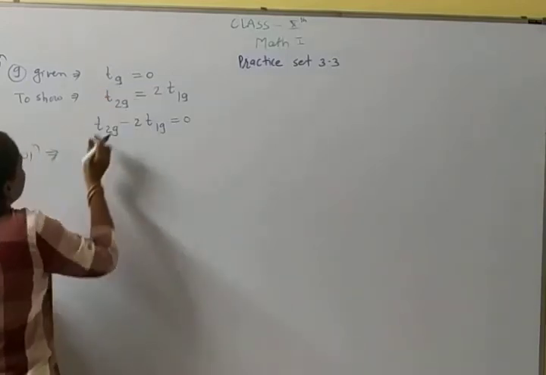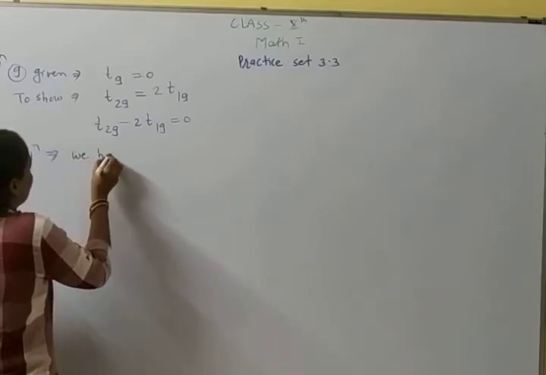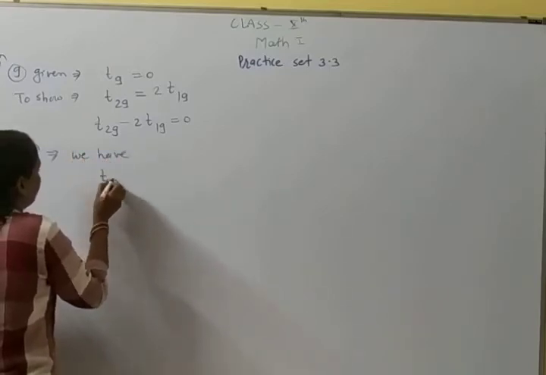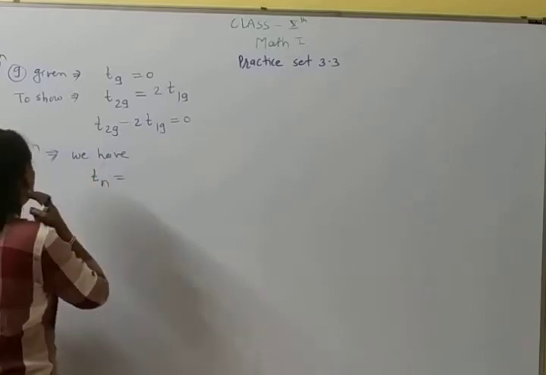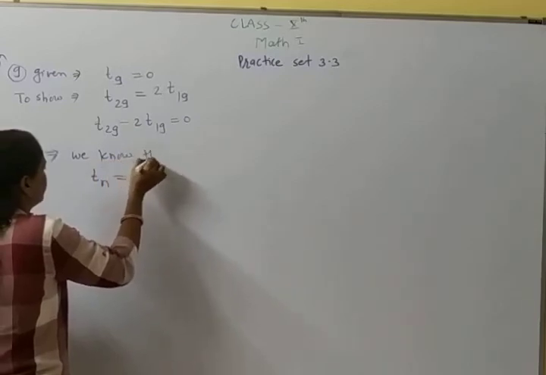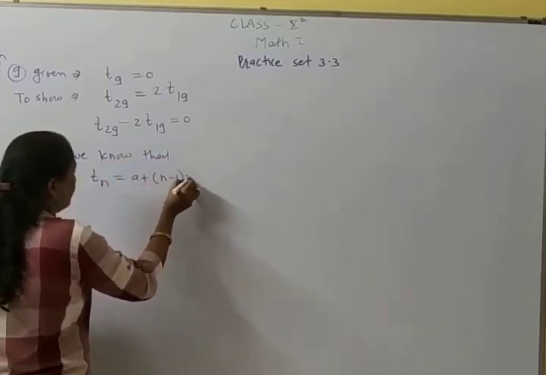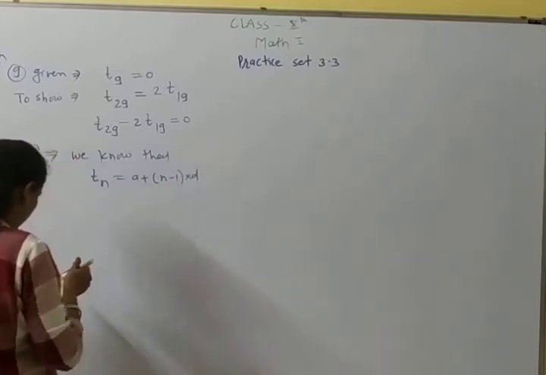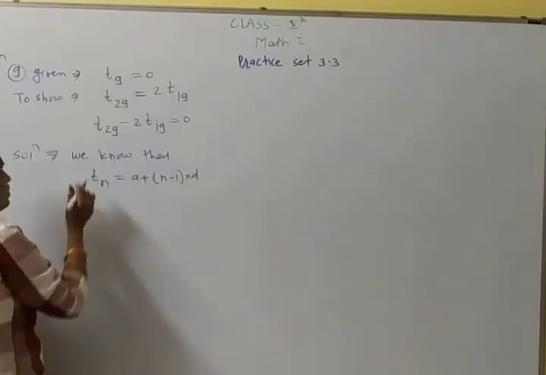Given is that T9 equal to 0. So we know that Tn equal to A plus n minus 1 into D. Put n equal to 9 and find T9.